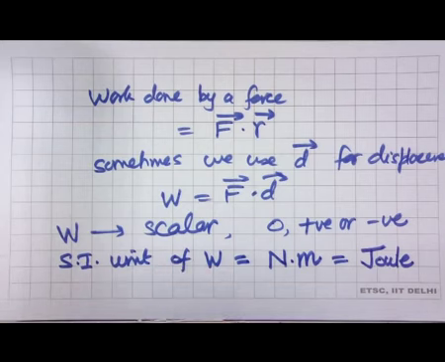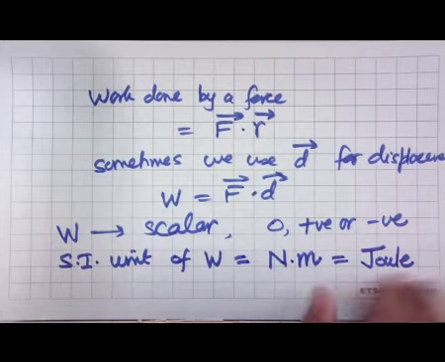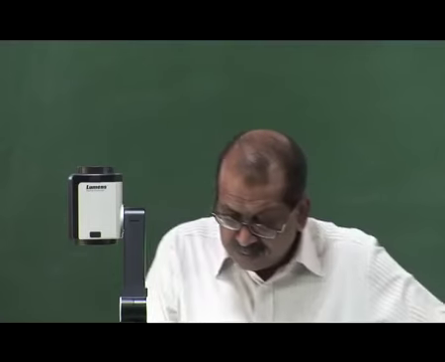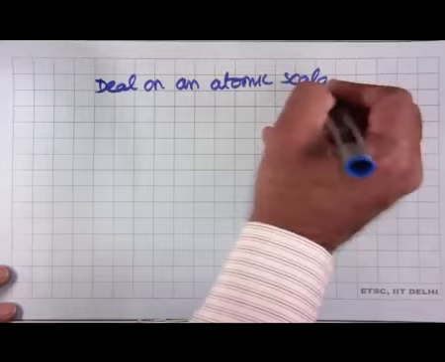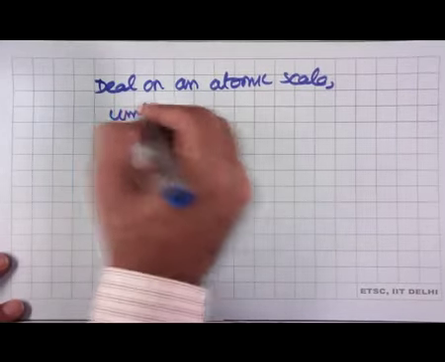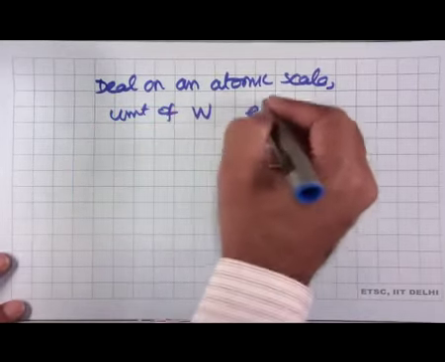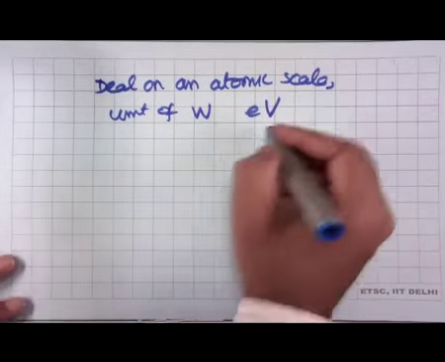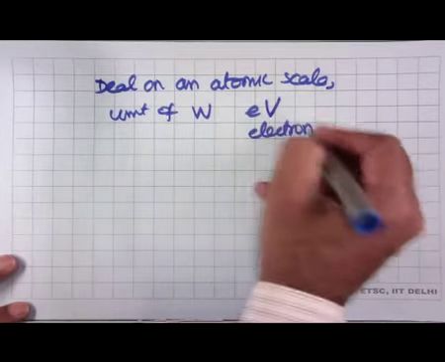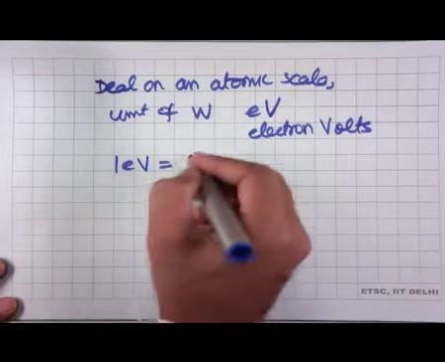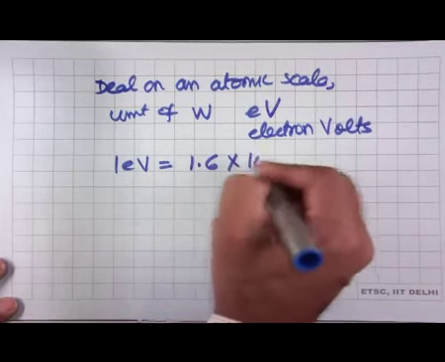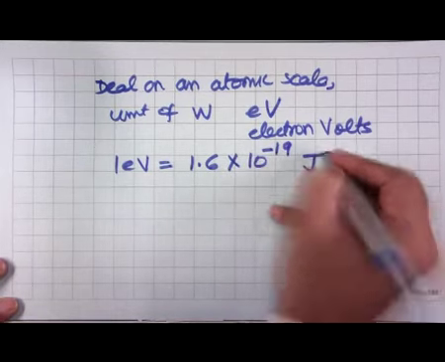Sometimes when we deal on an atomic scale, then the unit of work done is written in terms of electron volts, and 1 electron volt is equal to 1.6 into 10 to the power of minus 19 joules.